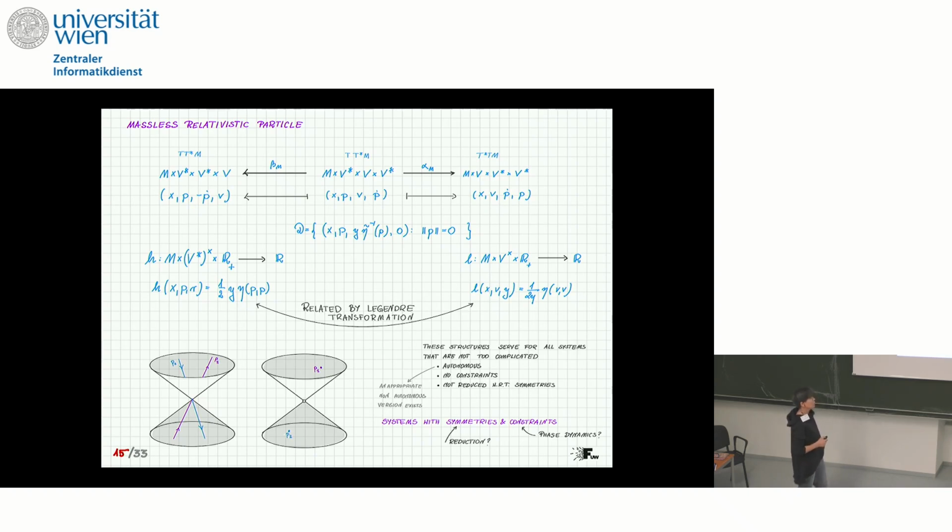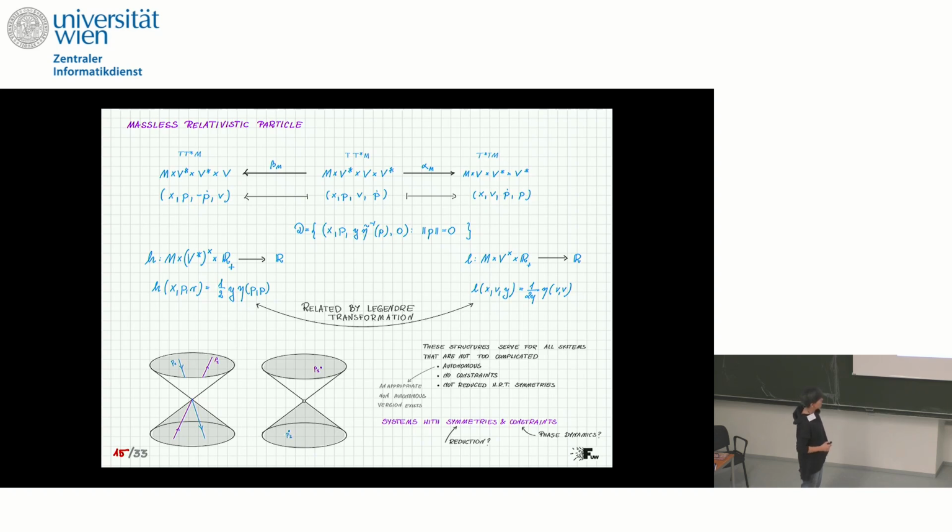Of course, generating families are not unique. If you have a Lagrangian submanifold which is generated by a function, then the only freedom you have is that this function can be changed by a constant number, because this is the differential. But in the case of generating families, there is much more freedom.